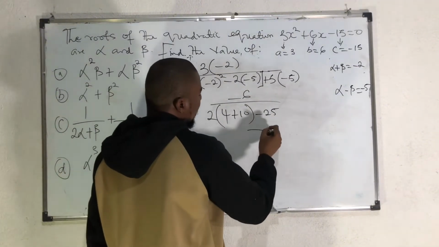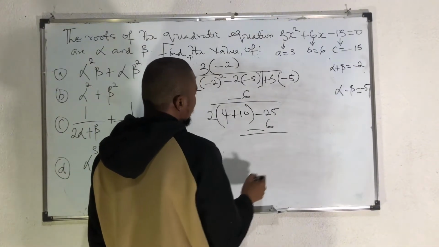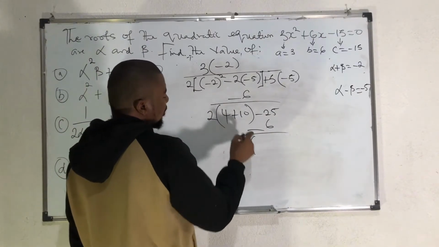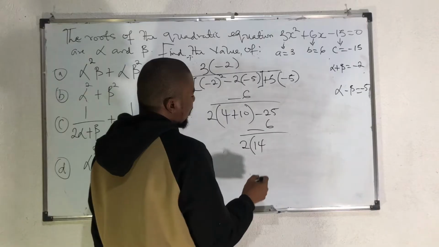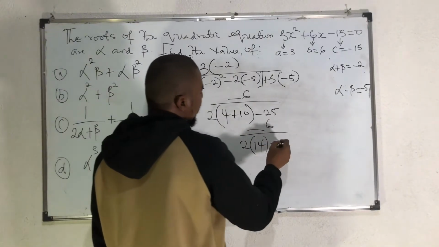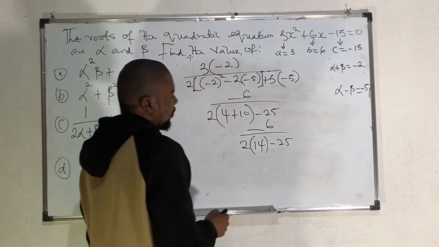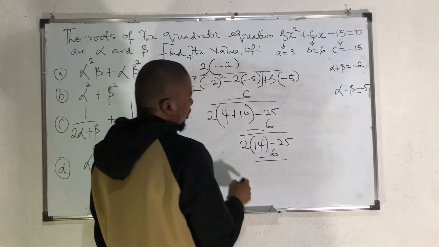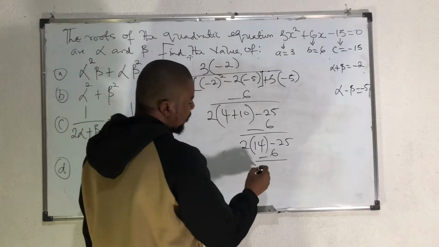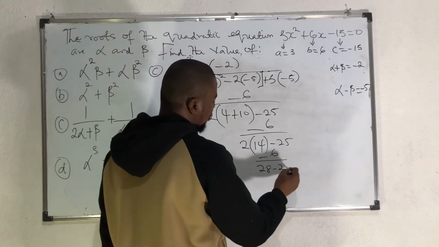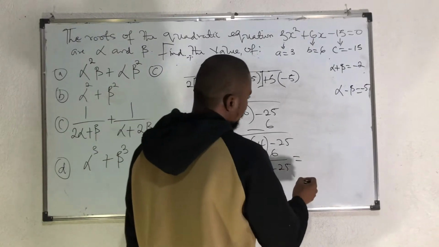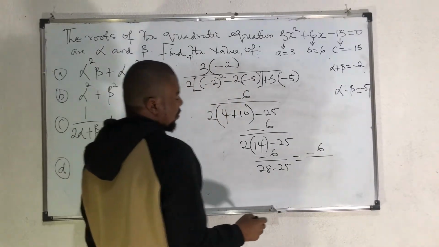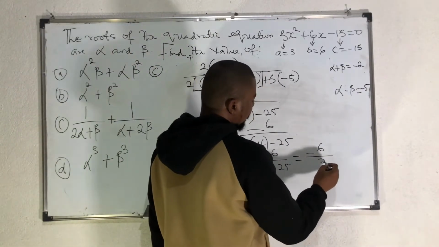At the top still, we have -6 over, inside the bracket here, we have 4 plus 10, which will give us 14, okay, minus 25. Let's simplify further. At the top, we have -6 over 2 times 14 gives us 28 minus 25. This is equal to -6 at the top. 28 minus 25 will give you 3.